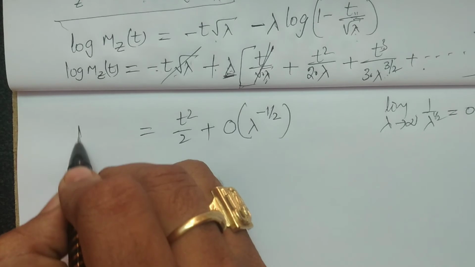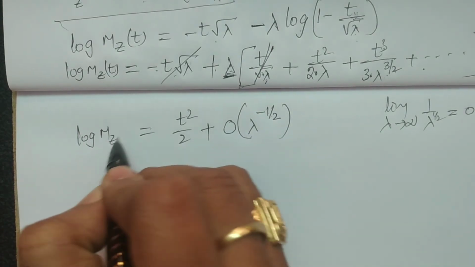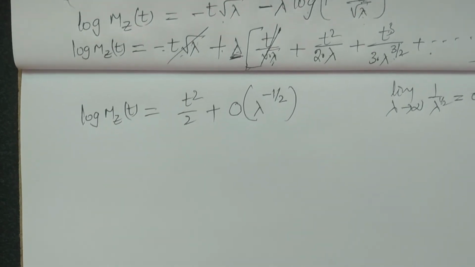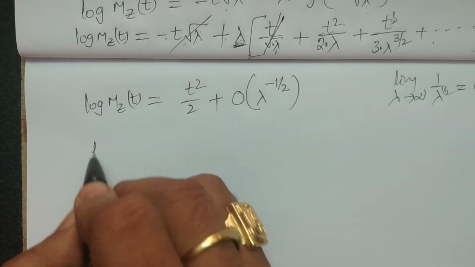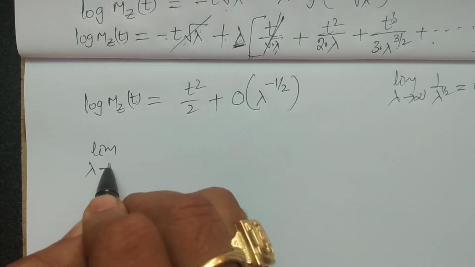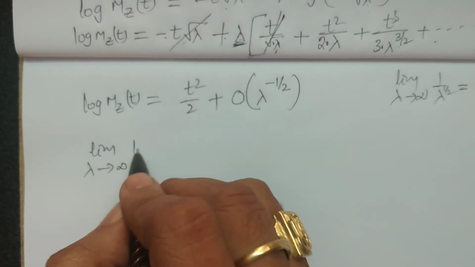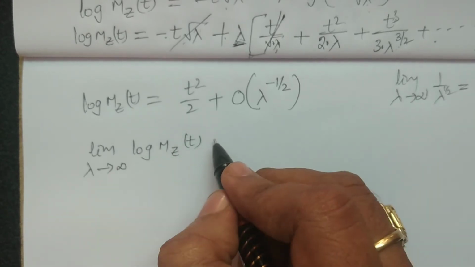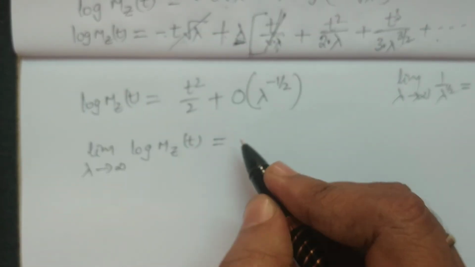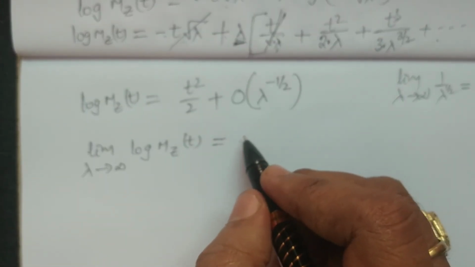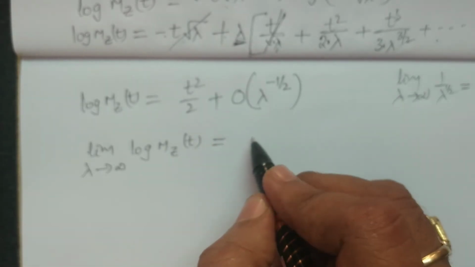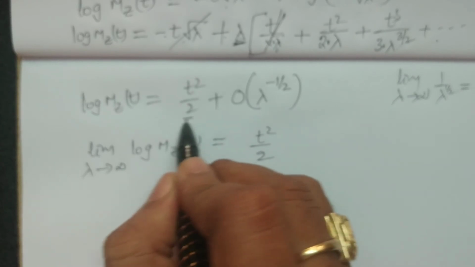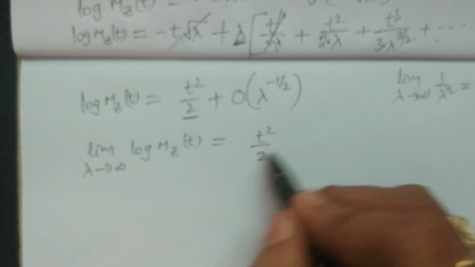Then log M_Z(t). Now you consider the limit as lambda tends to infinity. Apply limits. Therefore, the limit as lambda tends to infinity of log M_Z(t), the moment generating function of the standard gamma variate, is equivalent to t square by 2. There is no lambda in t square by 2, so it is a constant with respect to lambda.